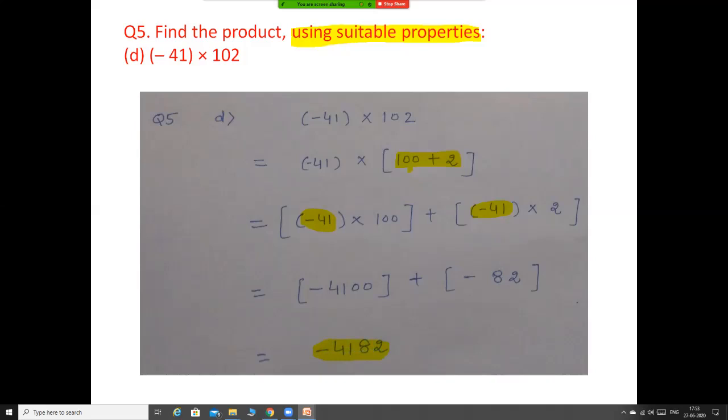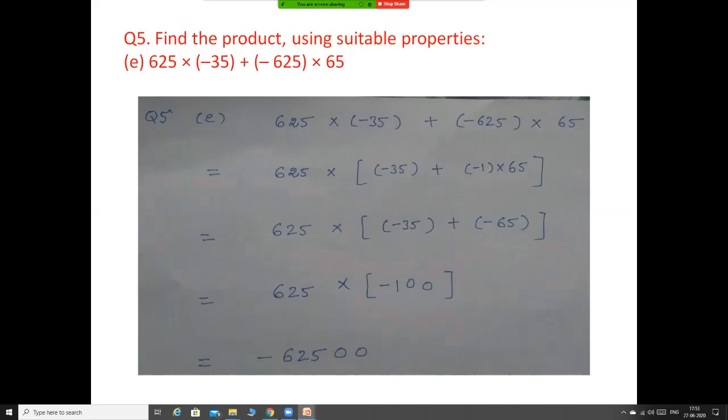Again we see there is no need of any rough calculation. Only using the properties we can find the product very easily. So my dear students, follow the properties only, then solve the questions.